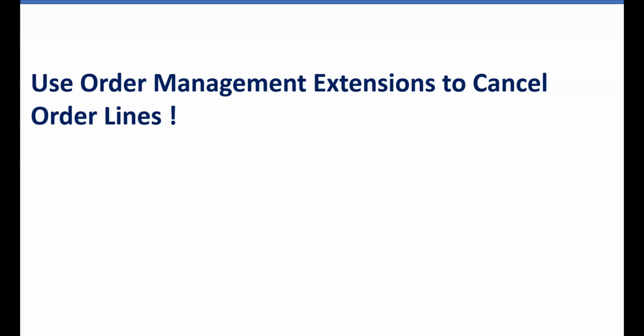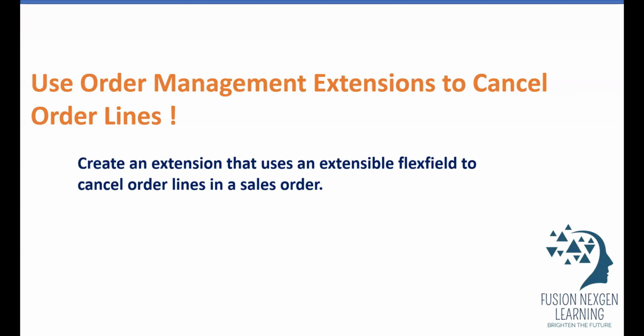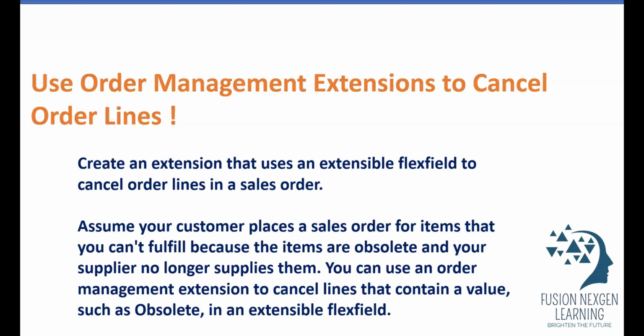So we'll see that. Create an extension that uses an extensible flex field to cancel order lines in a sales order. Assume your customer places a sales order for items that you can't fulfill because your supplier no longer supplies them.